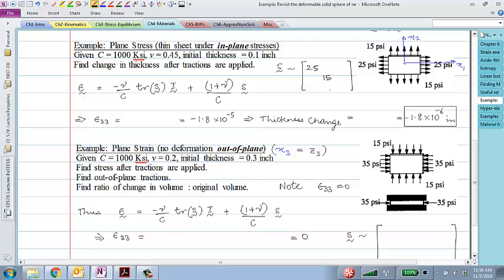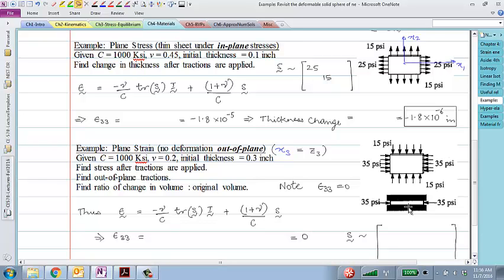Okay, and very shortly we'll see the other common type of two-dimensional state, which is called plane strain, where a sheet of material is constrained from any movement in the third direction. If there is zero displacement in the third direction, there cannot be any strain in that direction.